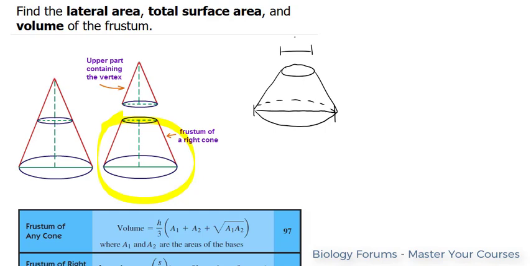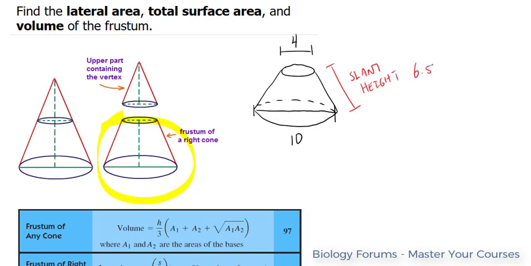So let's call this 4, and let's call this 10, and you can use any arbitrary unit that you like, centimeters, meters, whatever the case may be. And in addition, you have been given this height. It's called the slant height. And the slant height, let's say, is 6.5.